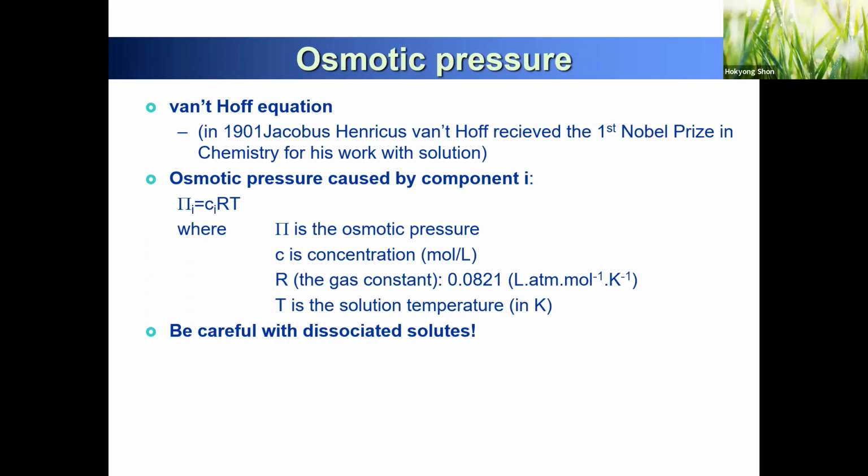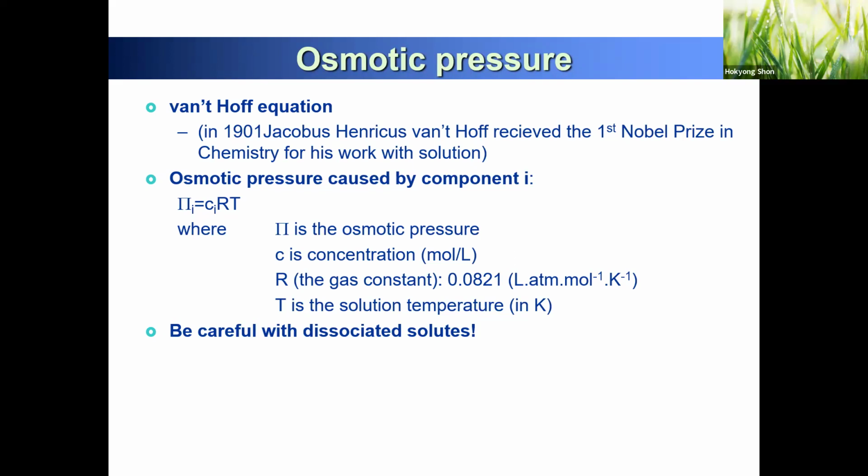The problem starts when you have complicated compounds. Seawater: how many ions do you have inside seawater? Including the organics, you have more than 300 or 400 elements inside seawater. So you have to put in every single compound: sodium, chloride, magnesium, boron, potassium.